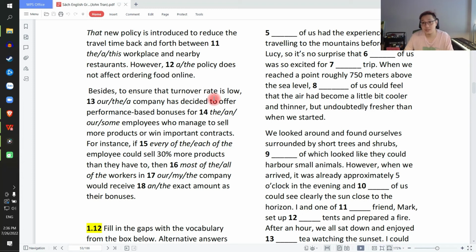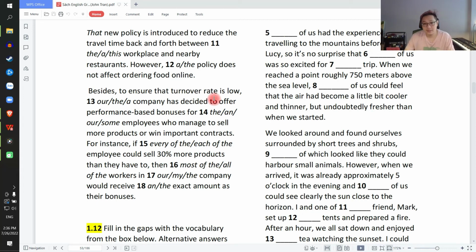If they quit their jobs, the turnover rate will be quite high. Cái turnover rate nó hiểu nghĩa như là cái tỷ lệ mà người ta ở lại sau 5 năm á. Tức là nếu một số người mà nghỉ việc thì cái turnover rate công ty các bạn sẽ cao.